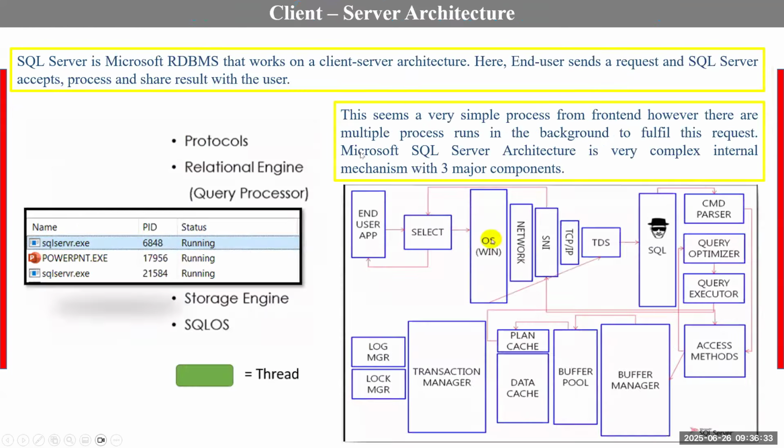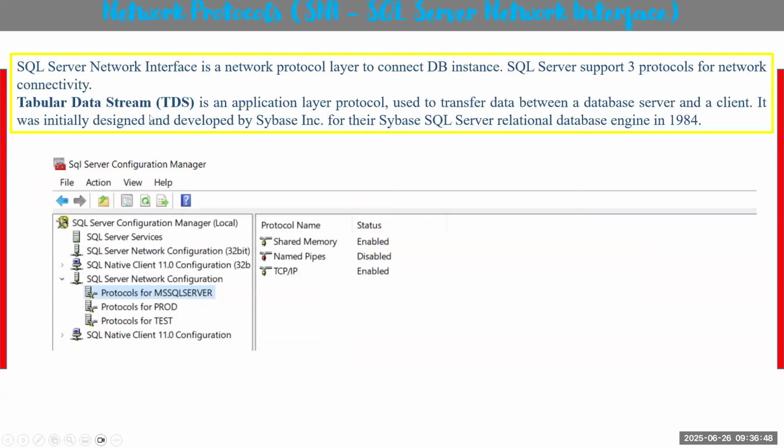To understand, you are performing insert or update or delete or select. Whatever you are doing is converted into network packets, in the form of TDS, tabular data stream.